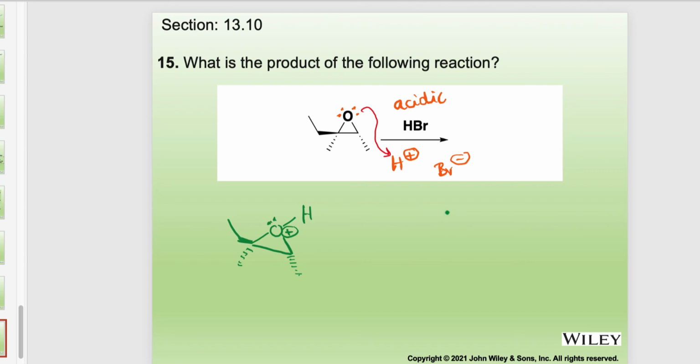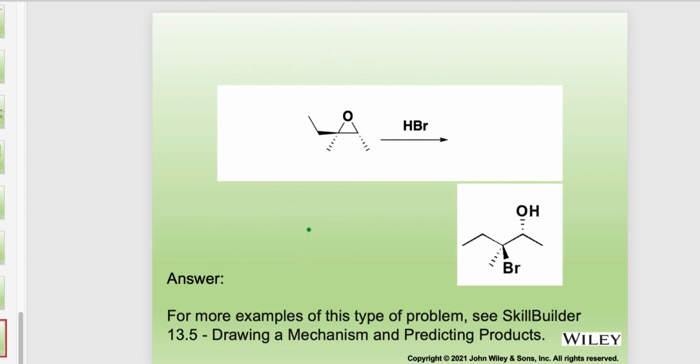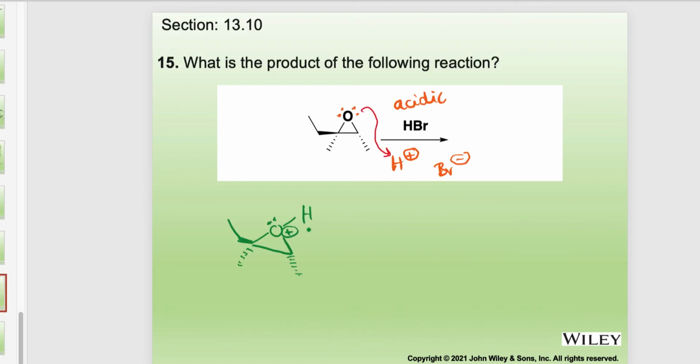Where does it attack? Do you know how to work this through? So we're dealing here with 2 substituents on one side, 1 substituent on the other side. Remember that under these acidic conditions, you're actually now favoring the more substituted side. I tried to illustrate that by drawing two resonance forms.